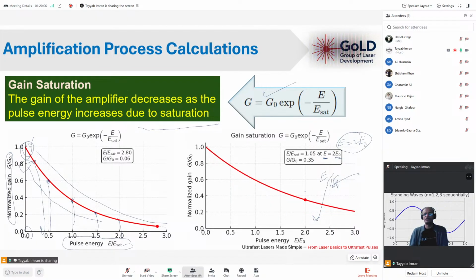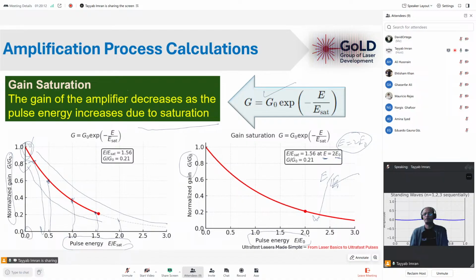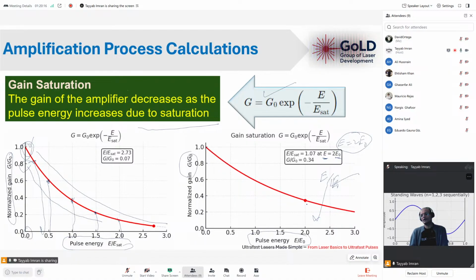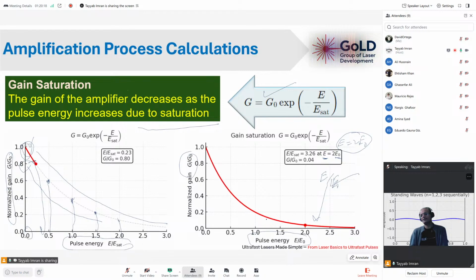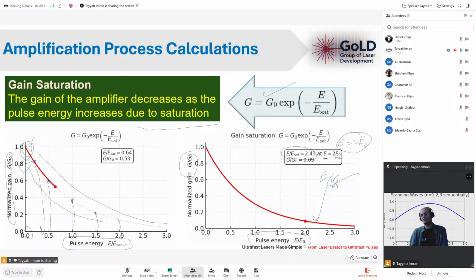What you notice here is the normalized gain and the pulse energy at the output. The values changing are G over G naught and E over E saturation, while the other values are fixed.